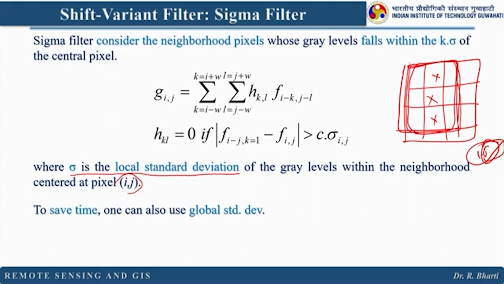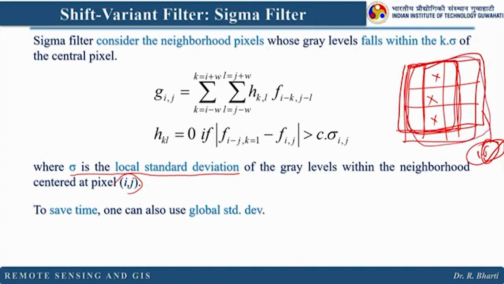What happens next? Again it will move to the next 3 by 3, again it will calculate sigma, but your 1 sigma, 2 sigma concept will remain the same throughout this operation, right. But instead of calculating this 3 by 3 matrix standard deviation, one can use global standard deviation, which is calculated from the whole image, right.